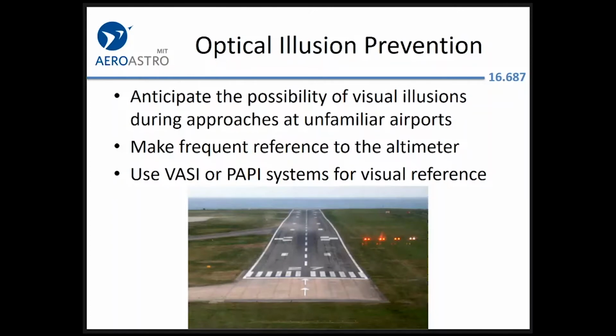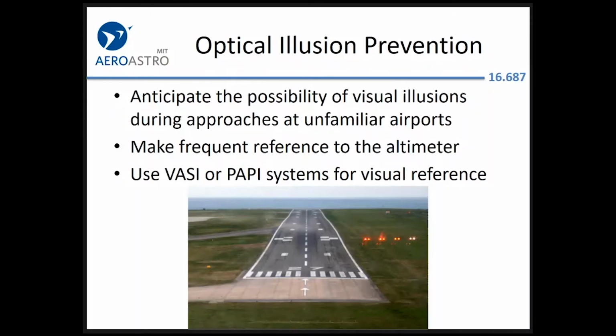Yes? There are two lights that are clearly red, one that's clearly white, the third one is amber or orange. I thought it was just red or white. Yeah, so this means you're a little low, and if you go a little higher, then these two will turn white and these two will be red. Well, the third light is red. It's just a little bit of white mixed with the red.